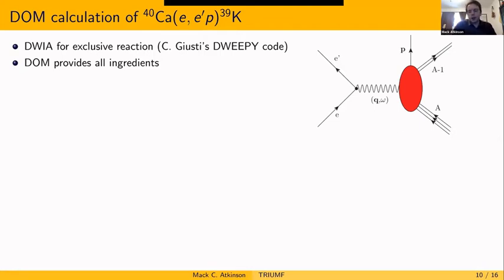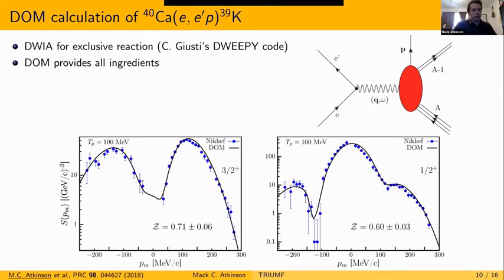Whereas in the past, often the bound state was calculated from some fit Woods-Saxon to the experimental radius of the proton, and then separately the outgoing distorted wave was calculated with a different optical potential. But now with the DOM, it's all consistent.